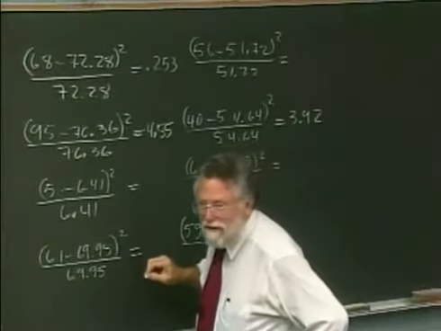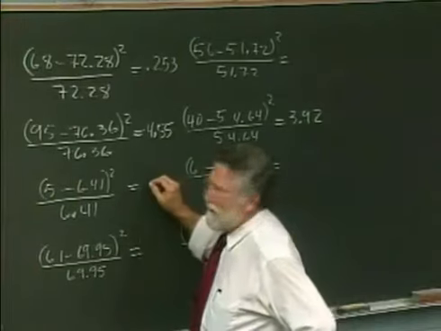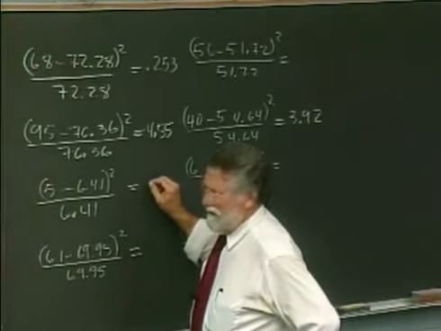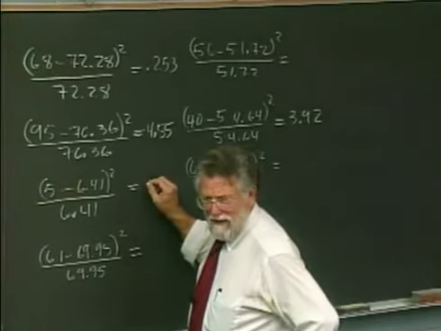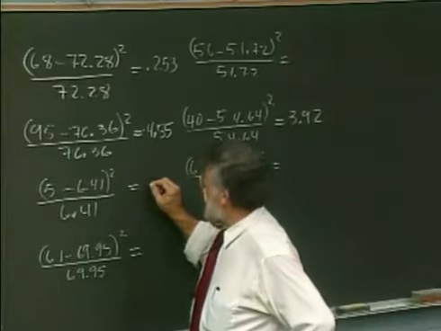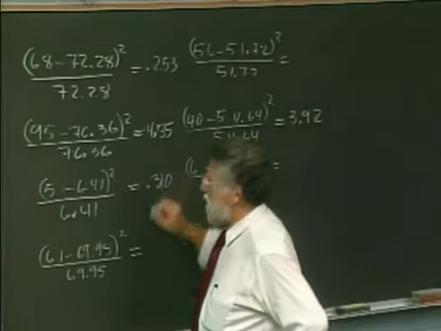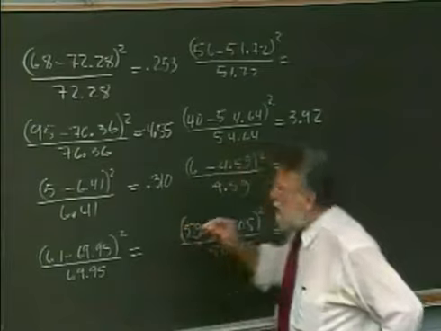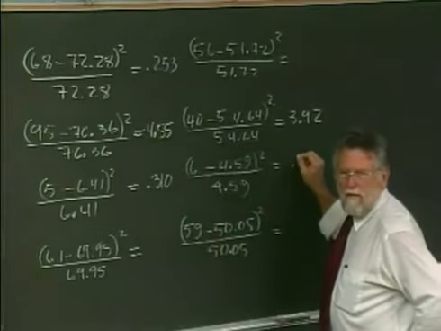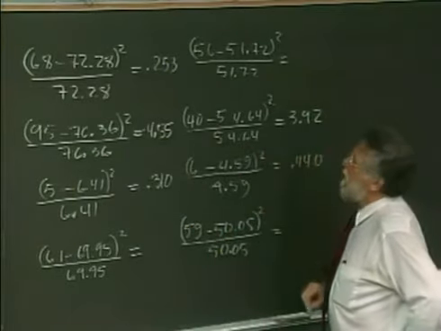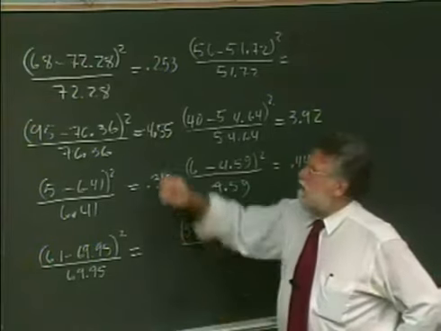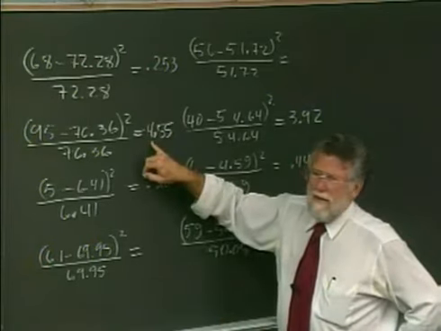Next group. 0.310. Okay, the other side of the table. 440. The only thing that looks like we're getting major contributions is where?